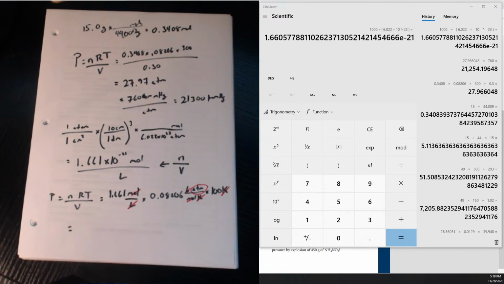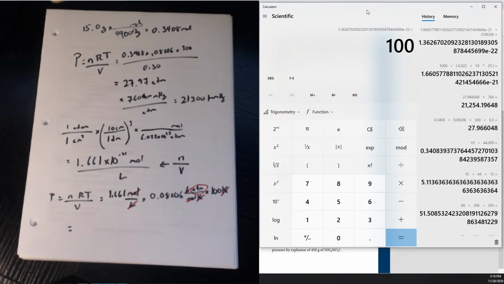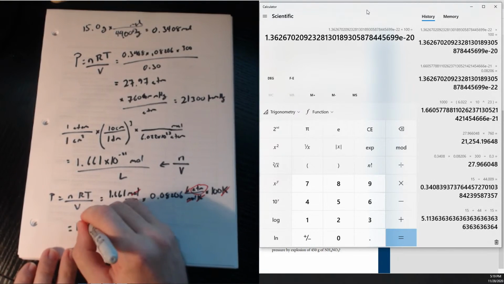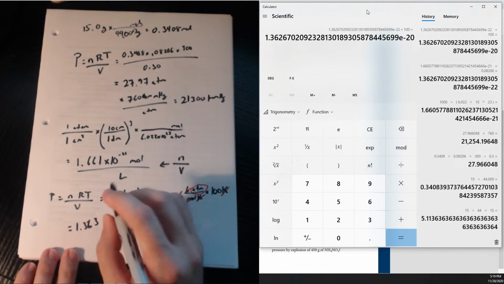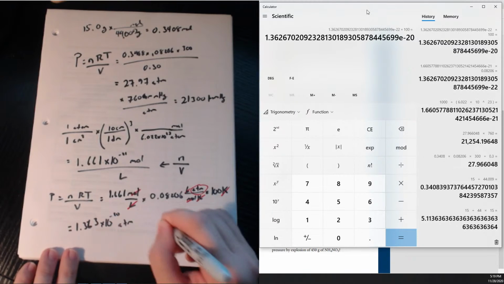So we plug those numbers in: times 0.08206 times 100 is 1.363 times 10 to the negative 20th atmospheres.